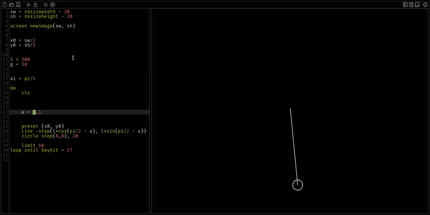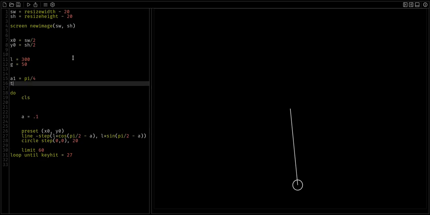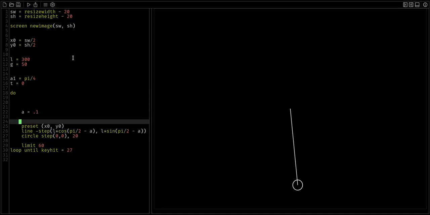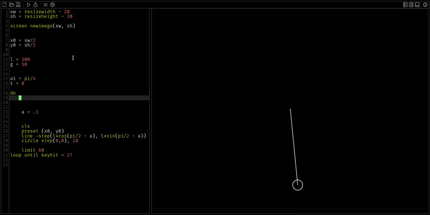So then the final, or the time varying, time starts at 0. Time increases with every frame.